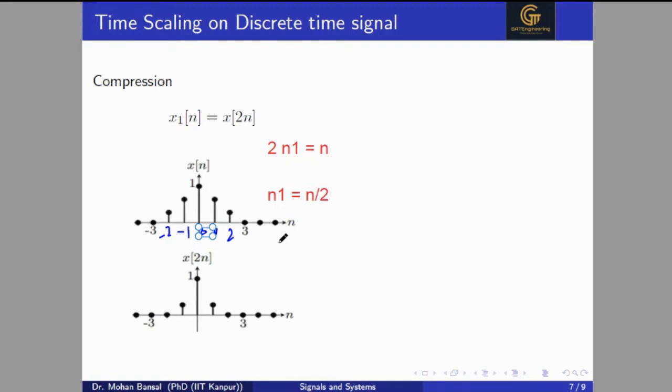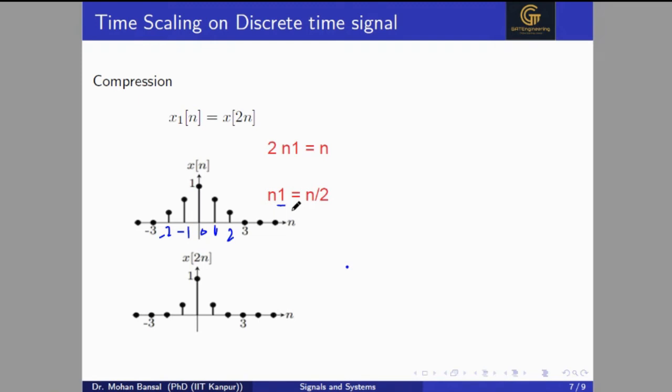Whatever signal we have at the n axis, we will get at n divided by 2. But we always use integer time indices. So at n equal to 0, we get the same value at n1 equal to 0. For n equal to 1, we would get the same value at n1 equal to 1 divided by 2.